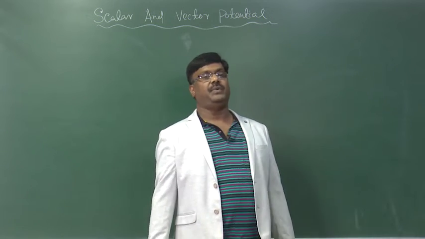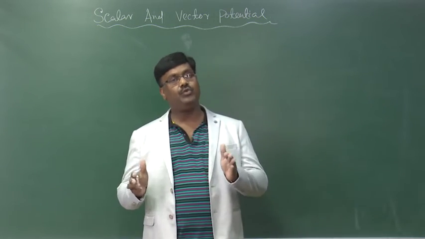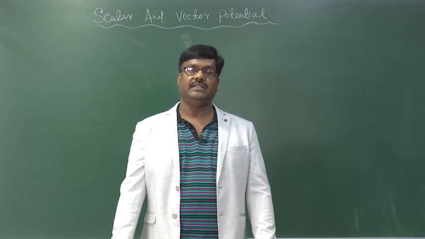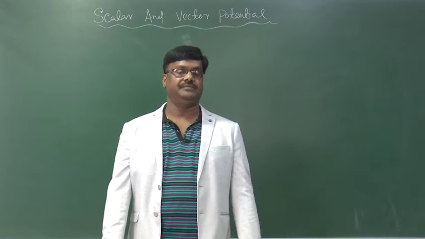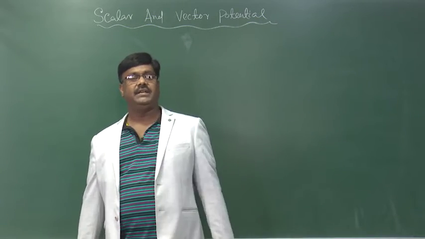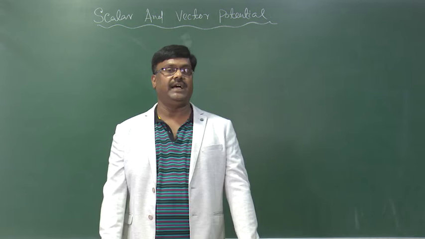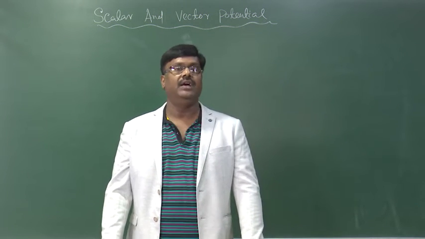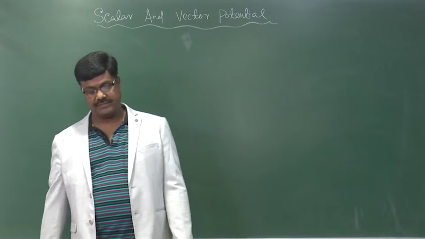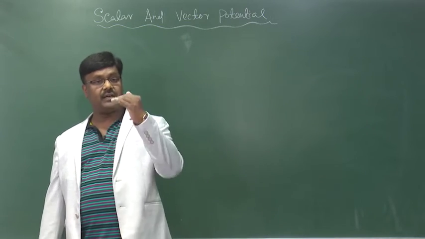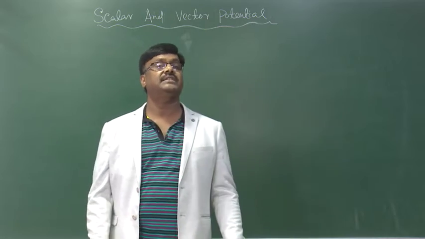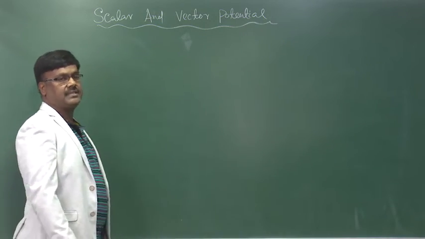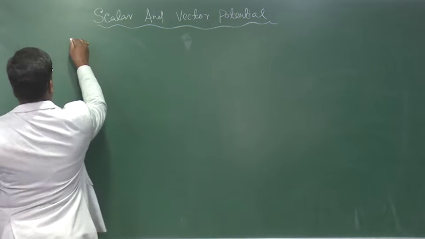But it is found that there are two magnetic potentials. One is a scalar function and the second is a vector function, known as the magnetic scalar potential and magnetic vector potential. Why did the concept of two potentials come? Let us see why there are two potentials instead of one.